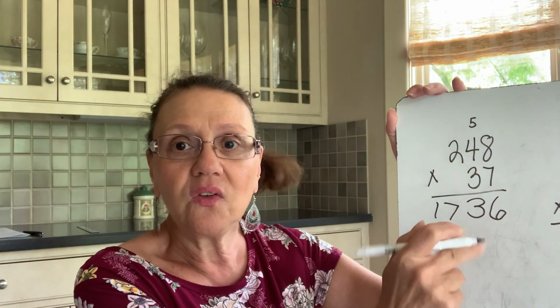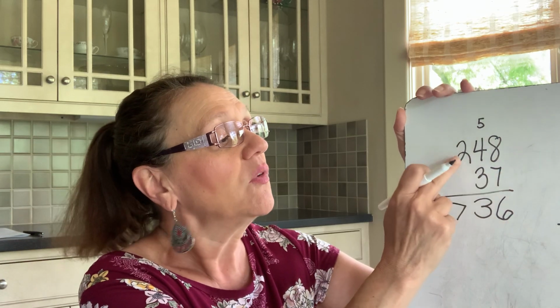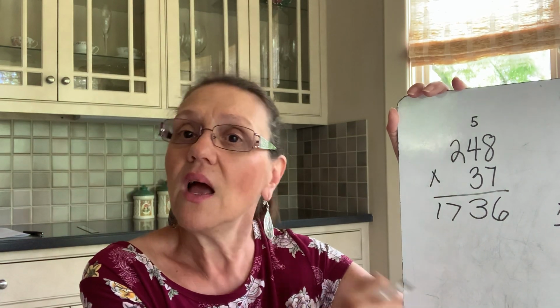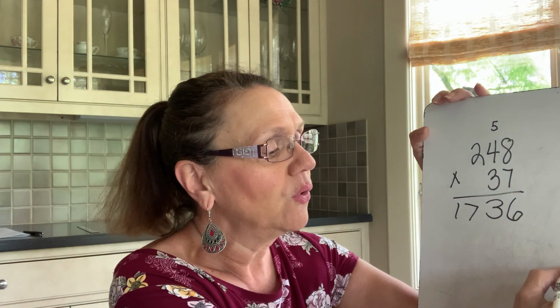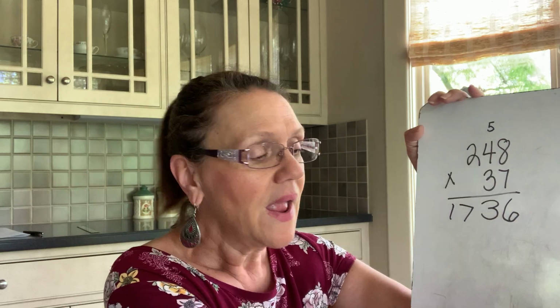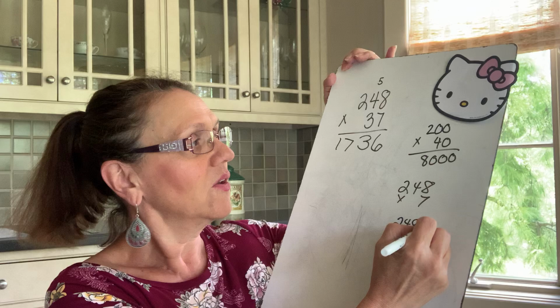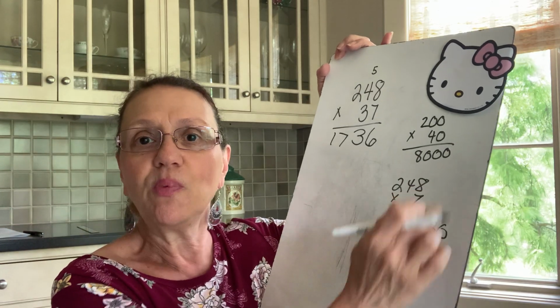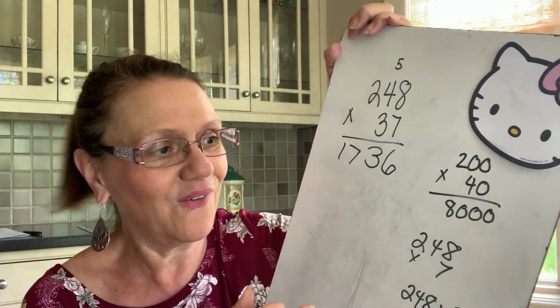So this is the partial product of 7 times 248. Now, if you wanted to, you could even split up this smaller factor and do 248 times 7 and 248 times 30. Get your two partial products and add them together. That's what we're doing. Cool.